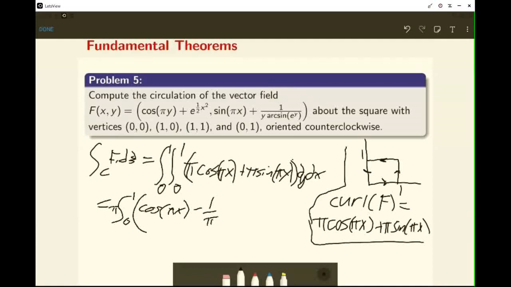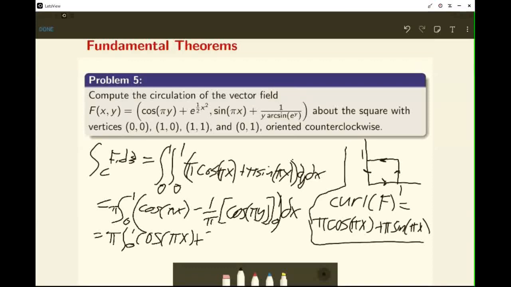And then cosine pi y going from 0 to 1 is going to give us -1 minus 1, so that's going to give us -2, and so we get cosine pi x times 2 over pi dx.